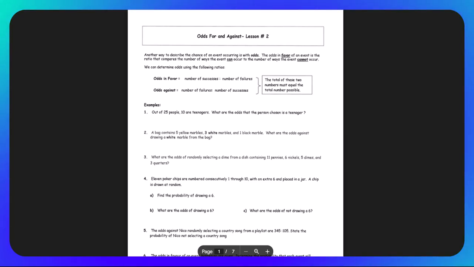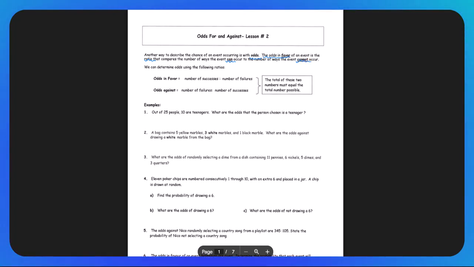So another way to describe the chance of an event occurring is called odds, and that might seem odd. You might have heard it before. The odds in favor of an event occurring is simply the ratio that compares the number of ways the event can occur to the number of ways that the event cannot occur.